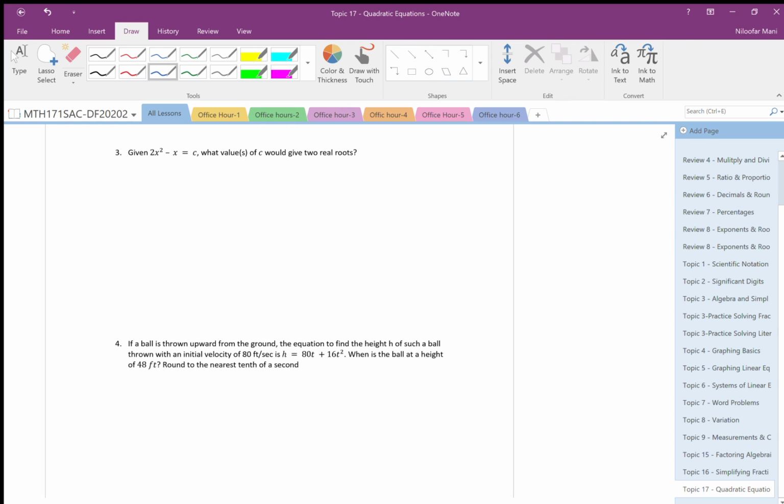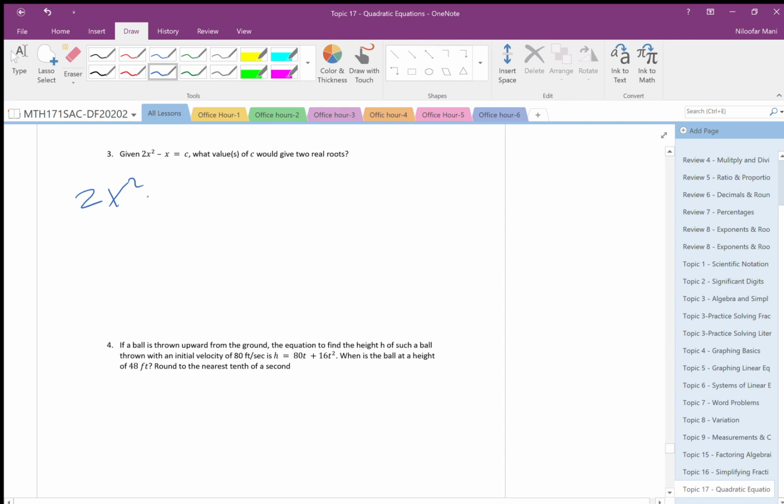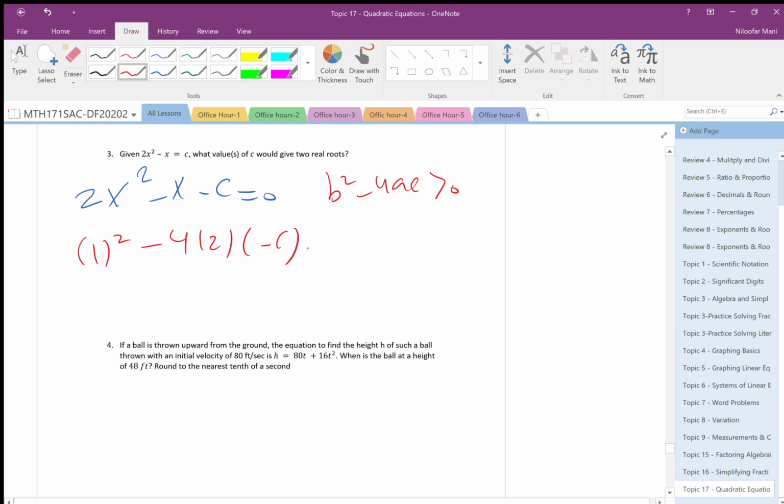See, this is 2x squared minus x minus c equals 0. I want to have two real roots. So b squared minus 4ac must be positive, not 0, not negative, because I really want two roots. What is b squared? 1 squared minus 4 multiplied by 2 multiplied by minus c.